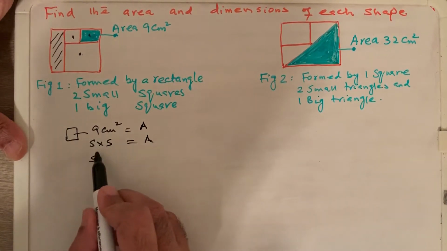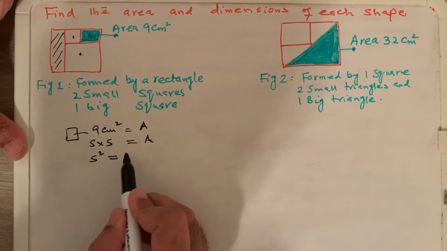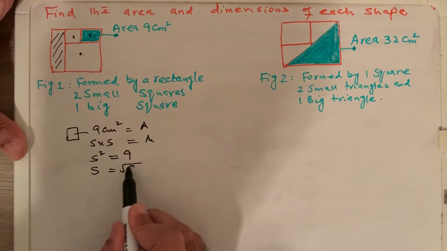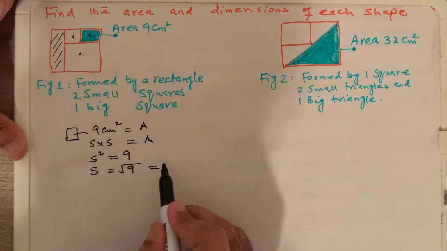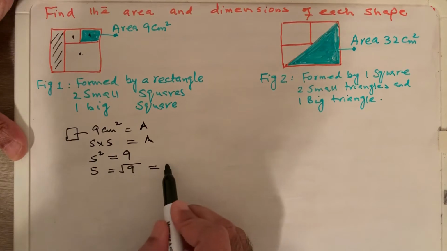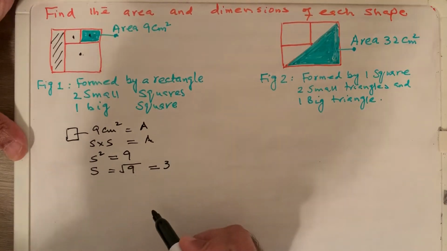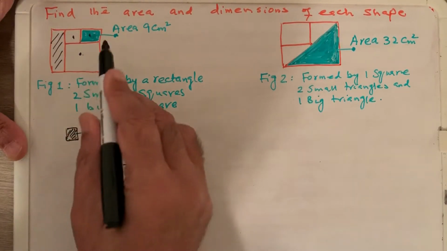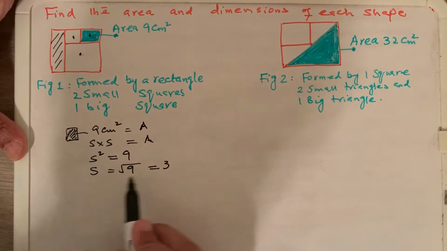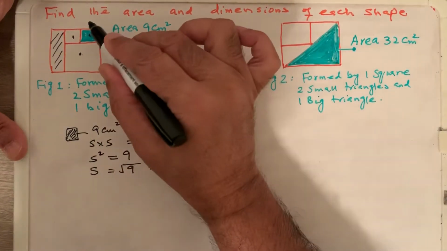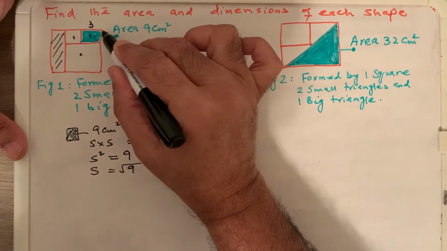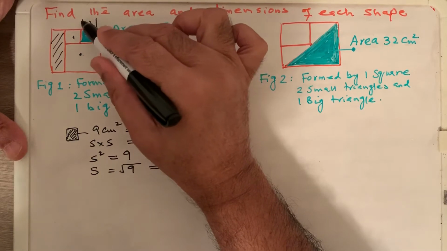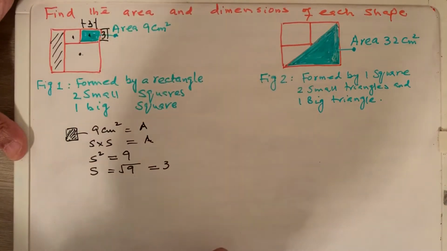That means s square is 9, so s is equal to the square root of 9, which is plus or minus 3. But for the sake of mathematical expressions, we only keep it as 3. So the side of this small square is 3. That means this is 3 and this is 3.